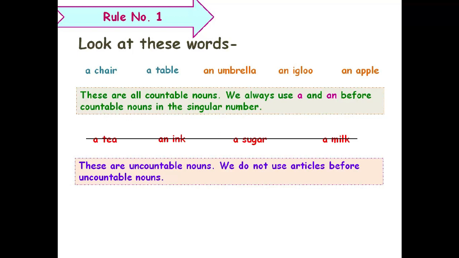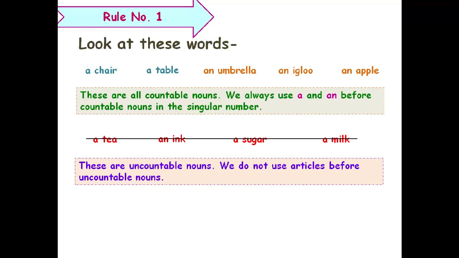So when you have an uncountable noun which you cannot count into 1, 2, 3, 4, there you will not use any article. Can you count tea as a tea? Only one tea, or ink as one ink? No, you cannot do that. So you cannot use an article before that. Remember, a and an will only be used for countable nouns in the singular number.